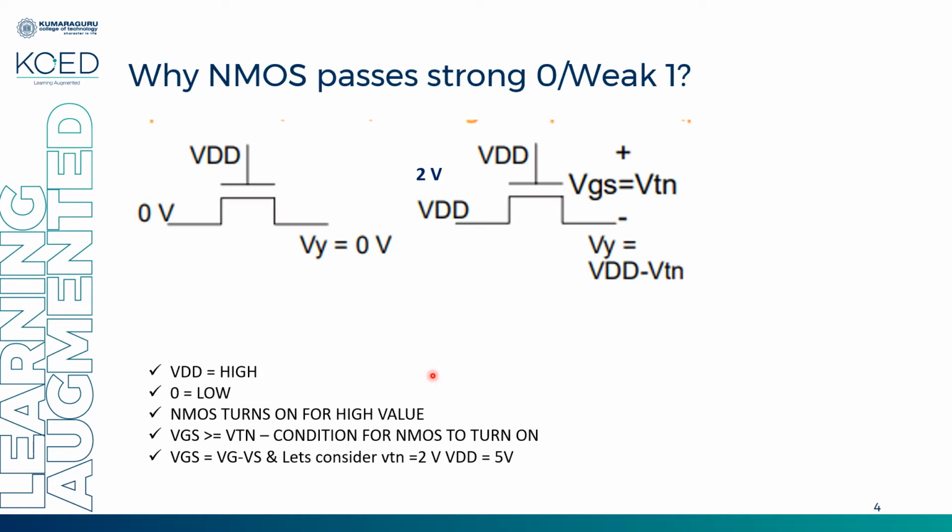And what is the condition for NMOS to turn on? Whenever you give NMOS a higher value, logic 1 across the gate, your NMOS will turn on. What is the condition to make the transistor sustain in linear region or sustain in an on state? VGS greater than or equal to VTN. If your VGS is greater than or equal to threshold, your transistor remains in on condition.